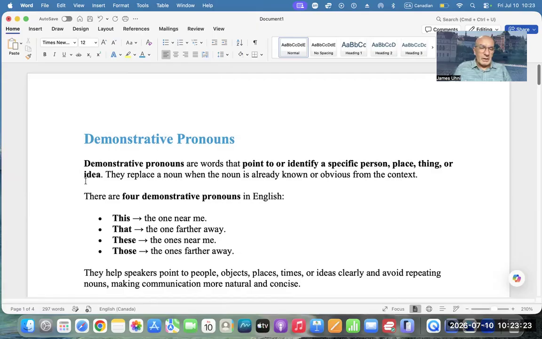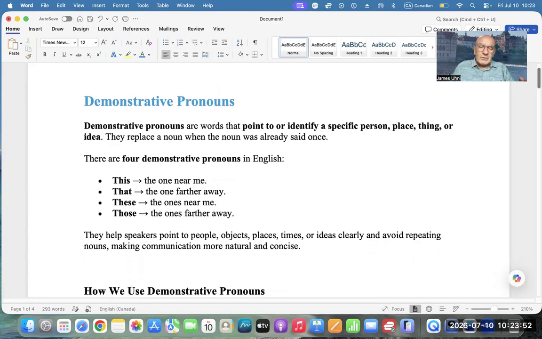This is in singular. They replace a noun or name when the noun was already said once.